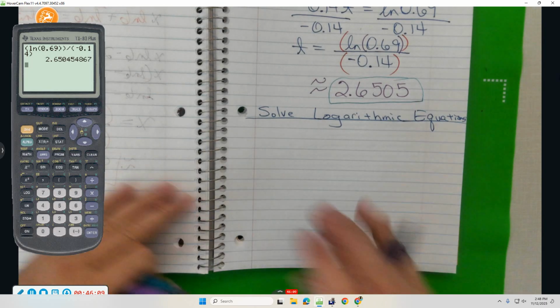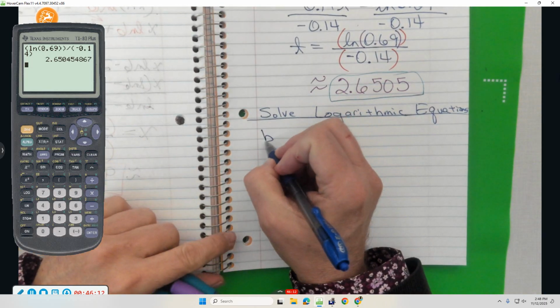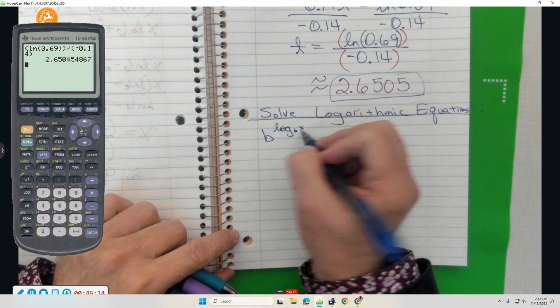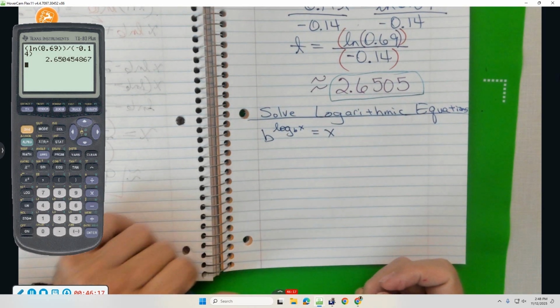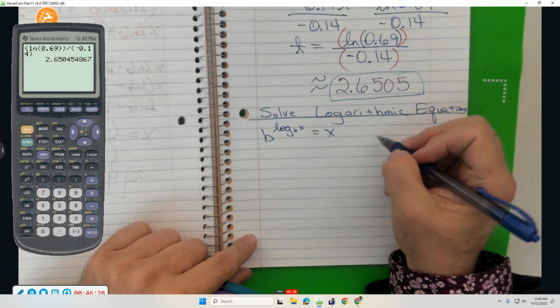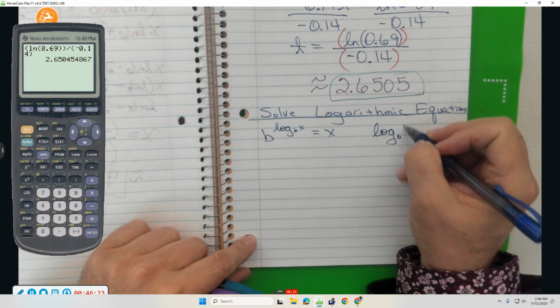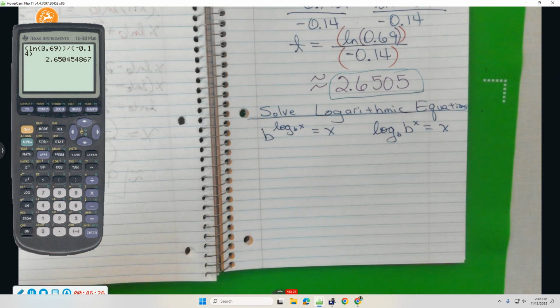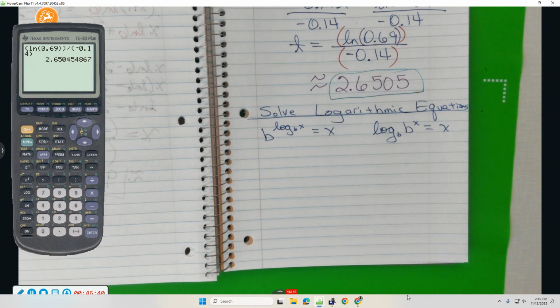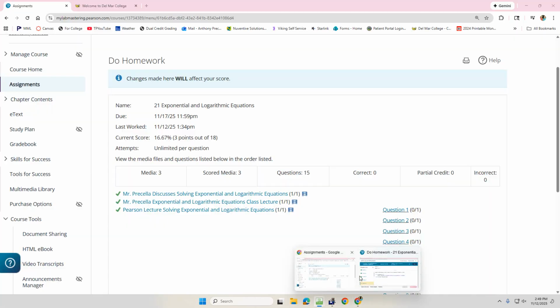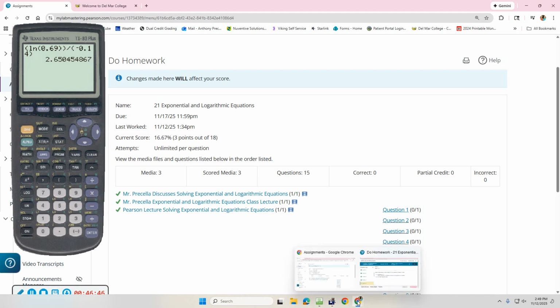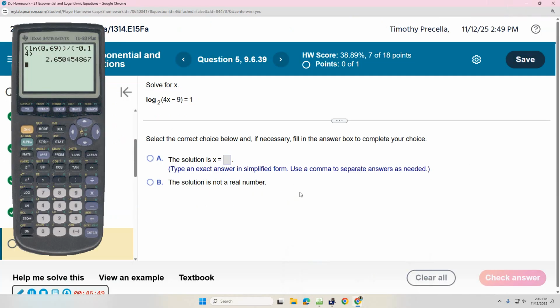In the previous assignment, we used the fact that b to the log base b of x is equal to x, and if you reverse the order, log to the base b of b to the x reduces to x. And I recall a problem, I think it was the last equation we solved in that previous assignment, that introduced us to this concept that we use for solving exponential and logarithmic equations. Where'd it go? There. Number 5.